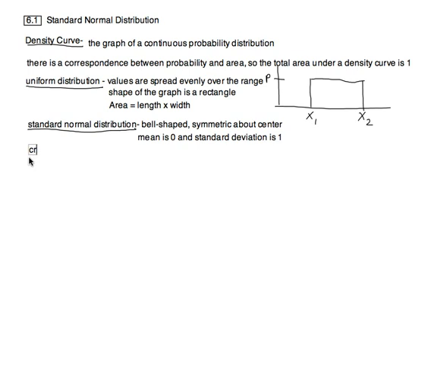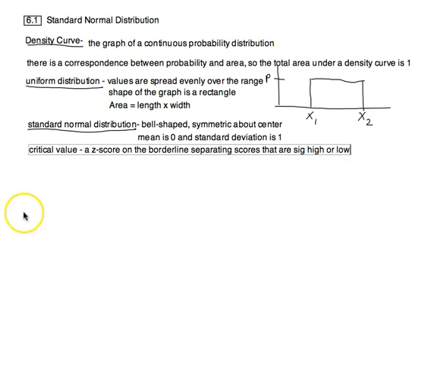But a critical value in general is a z-score that is on the borderline separating scores that are significantly high or low. And we'll underline that one too.